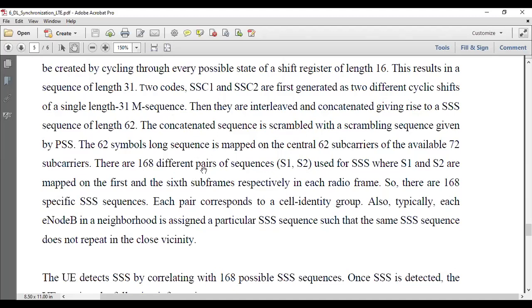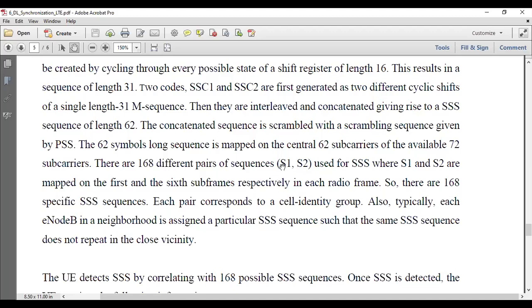Now, the groups have unique sequence sets in the way that no two groups have the same sequences S1, S2, or its reverse. Another group doesn't even have S2, S1.